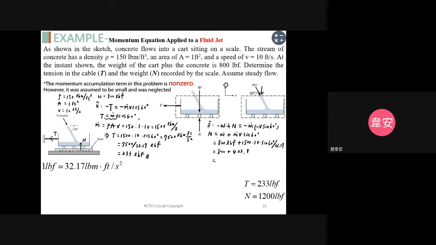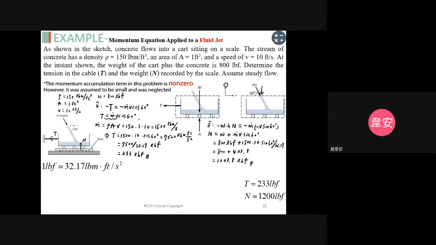Finally, our normal force is 800 plus 403.8, so it is 1203.8 pound force.